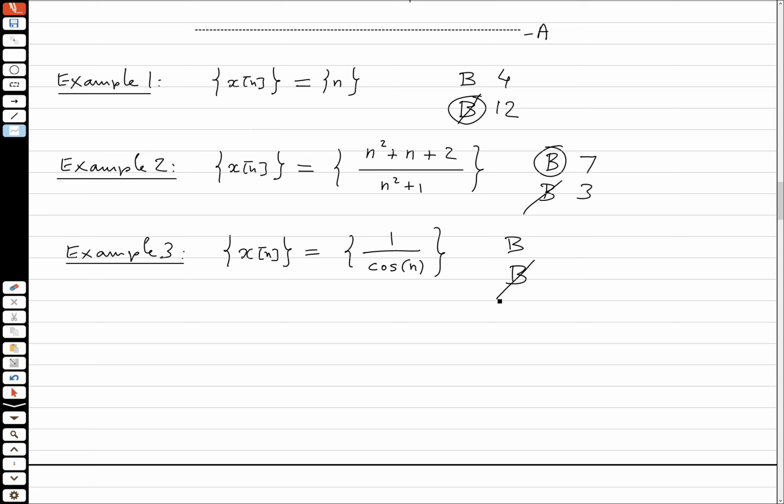Okay, I'm going to give you some hints. Can cosine of n be equal to 0? No, 1/0 makes it constant. No, I'm asking, can cosine of n be equal to 0?